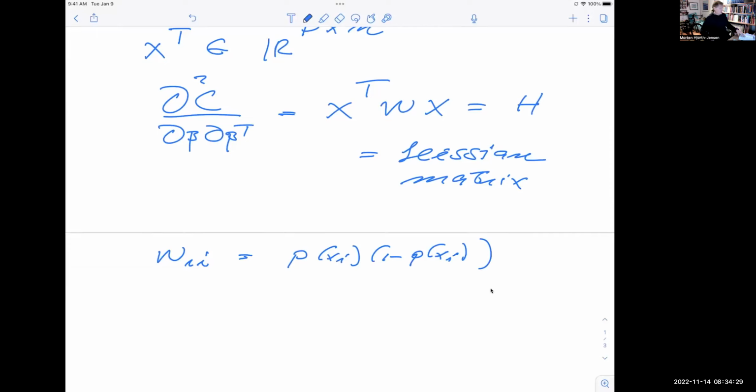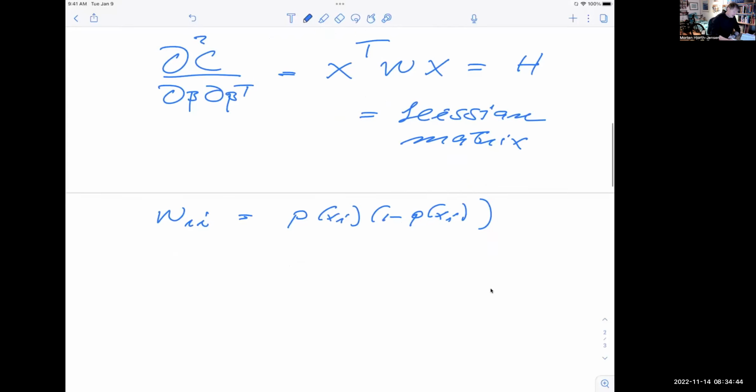Now, before we move on, we can revisit this topic in a slightly different way, because we are now going to look at the optimal parameters beta, and we can think of Taylor expanding the cost function around the optimal parameter beta. So we are now looking at how to find the optimal beta.